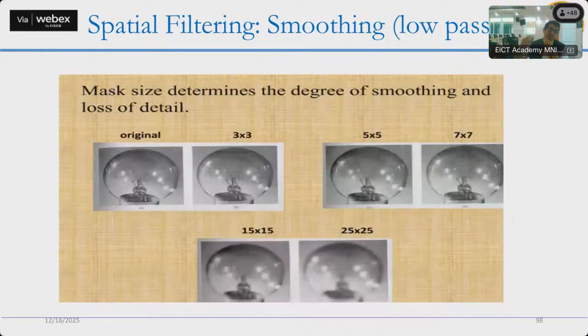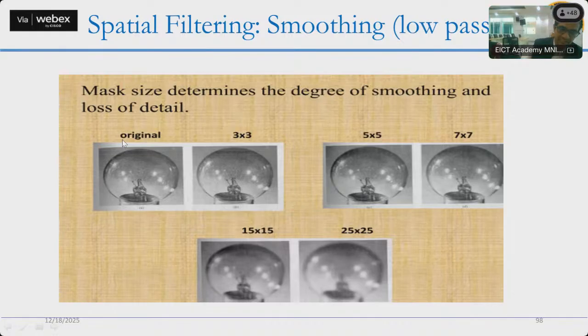But as we discussed, what is the impact of this spatial filtering? The impact here is simple: it smoothens the image. What do you mean by smoothing? Smoothing basically levels the difference. Everything in the surrounding will remain similar. It's leveling out.